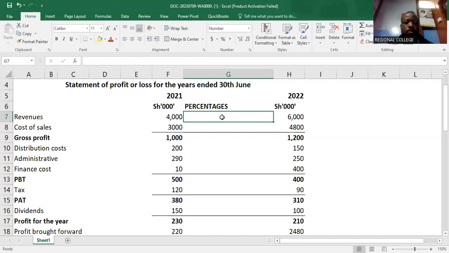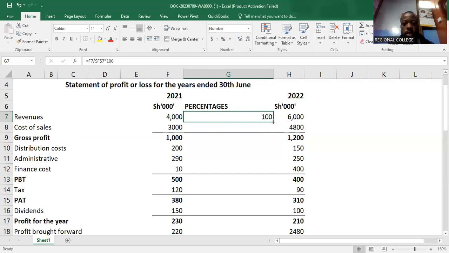For 2021, it will be the revenue divided by the revenue. Because the revenue will keep on repeating, we can lock this in by the F4 key on our keyboard. Then we multiply it by 100, then you enter. So the revenue should always be 100%.